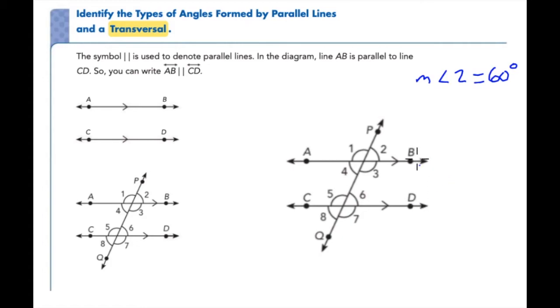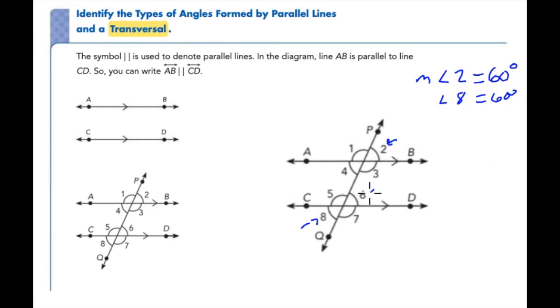So if the measure of angle 2 is 60 degrees, which is right here, well, that means that its alternate exterior angle, angle 8, is also 60 degrees.